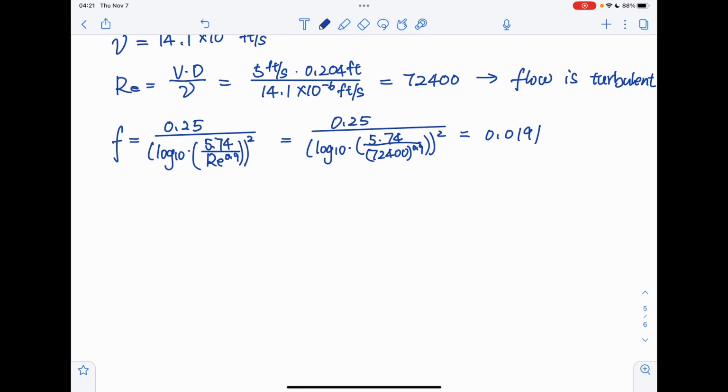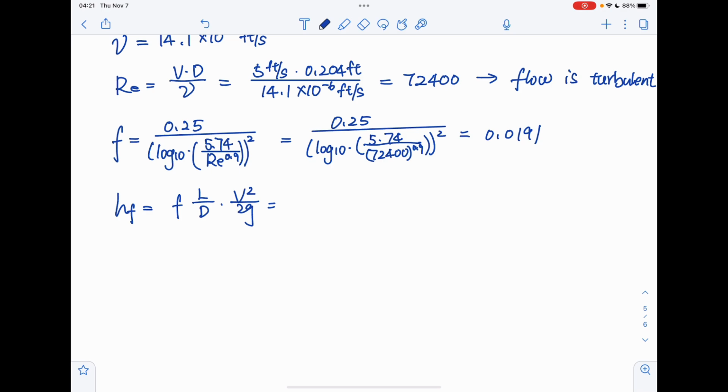So now we have the friction factor, we can find the head loss due to friction. It equals F times L over D times V squared over 2g.